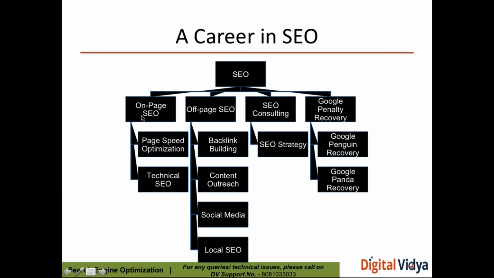Okay, so the on-page team will look after the technical SEO and page speed part, and the off-page team will look after the backlink part and the content outreach part, right? So that is how the SEO team looks.